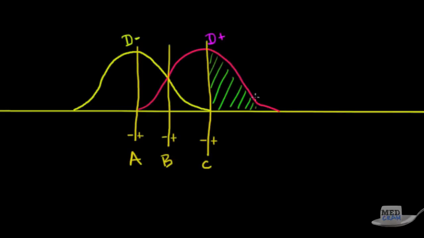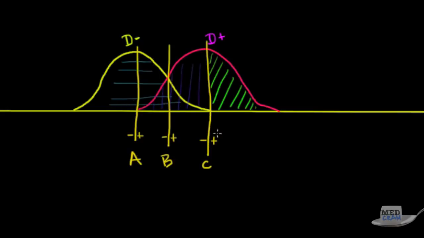Because it belongs to the actual disease, it would be a true positive. But all of this back here would be negative. Some of these would be false negatives because they still belong to the disease, but some would be true negatives because they don't belong to the disease.